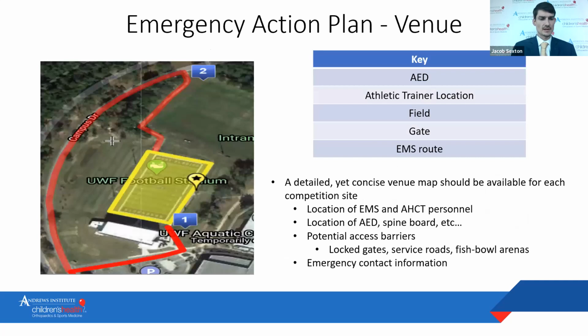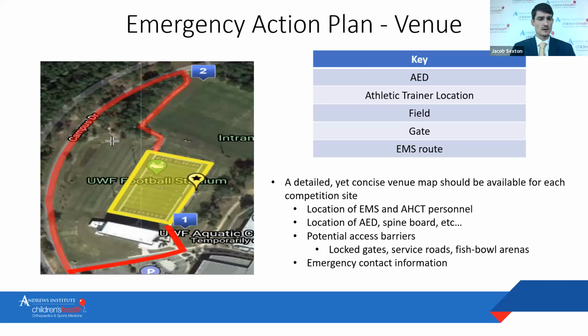So, the emergency action plan and the venue. Whenever you're creating an EAP, you should always have an easily detailed venue map that identifies all the key important items you would need during an EAP activation. You should always have locations identified for sudden cardiac arrest, so that's your AED location. You should always identify where the athletic trainer or other members of the athletic healthcare team are going to be located, be it on the sideline or at a medical tent.